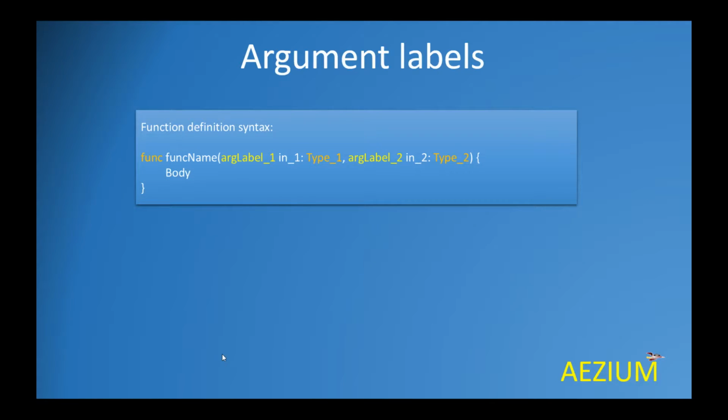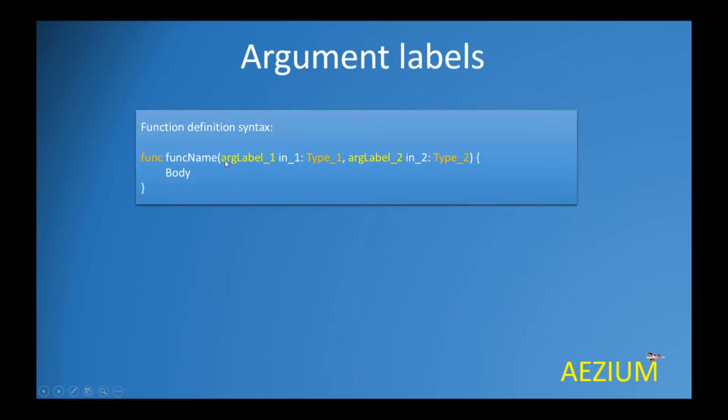The syntax for using argument labels is something like this, where we have the familiar list of input parameter names and their data types, but in addition, before the name of each input parameter, we insert a label.